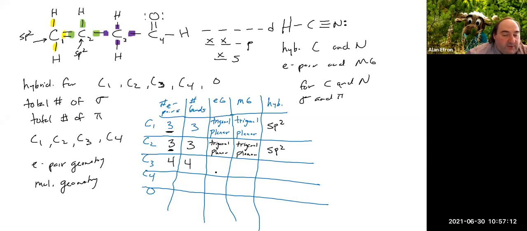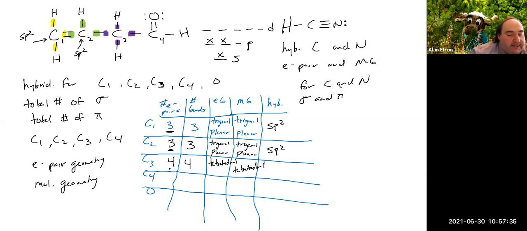Something with 4 electron pairs is tetrahedral. Also no dots, which means that guy there will also share 4 bonds and 4 electron pairs. We'll share our tetrahedral, that's badly written, tetrahedral molecular geometry as well.